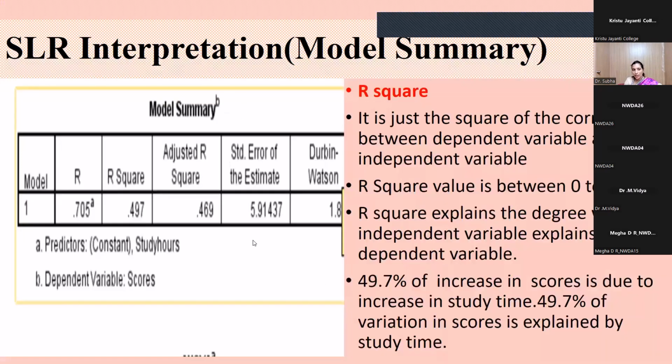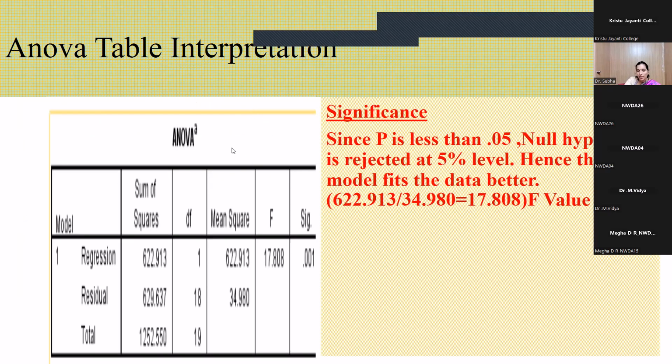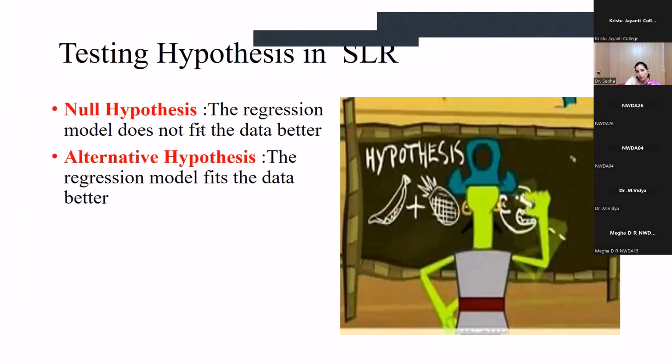Okay, the model summary is okay. And coming to the next part, which part is that? The ANOVA table. In order to check the ANOVA table, you have to frame some hypothesis. The null hypothesis is about the regression model.